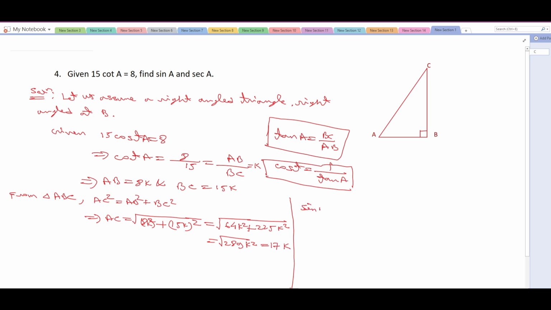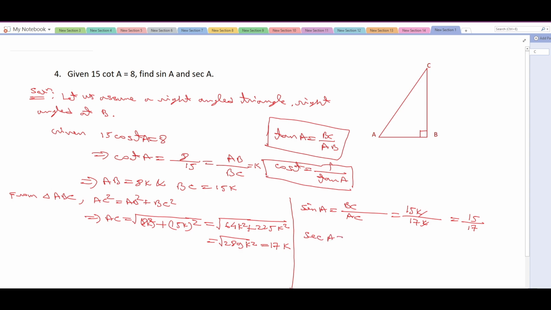Therefore sin A equal to BC by AC, where BC equal to 15K and AC equal to 17K. K cancels out. We have 15 by 17.